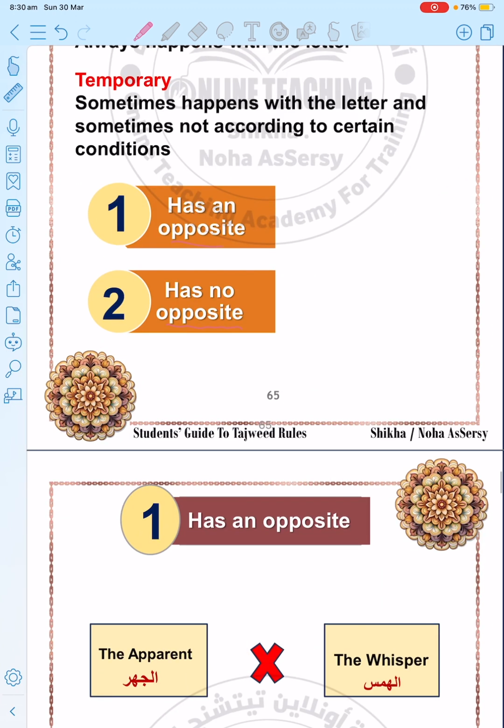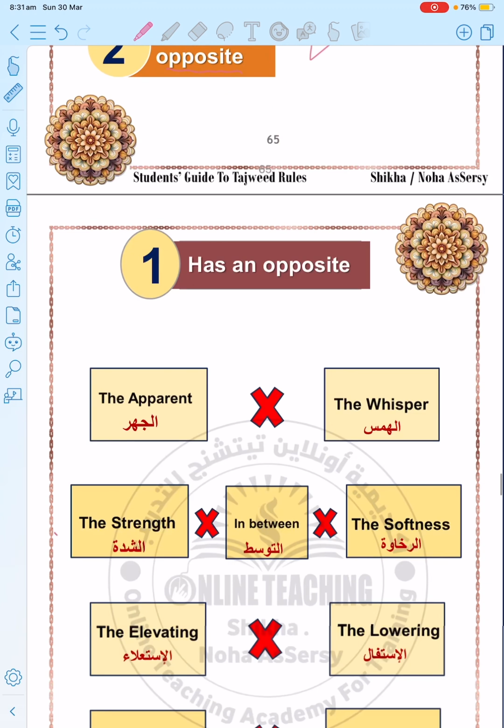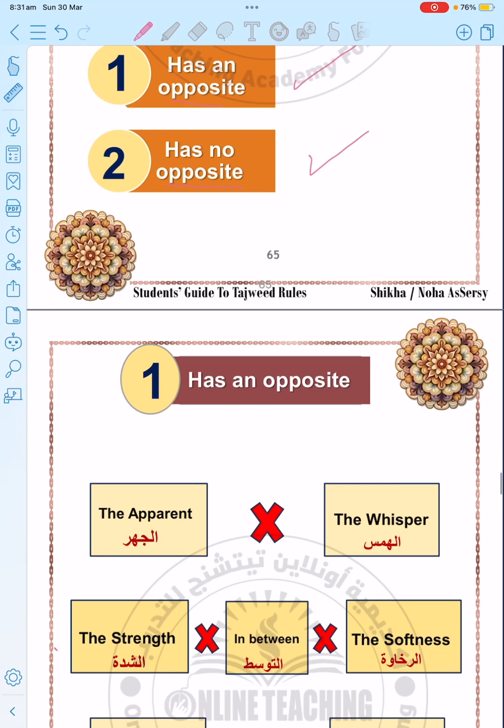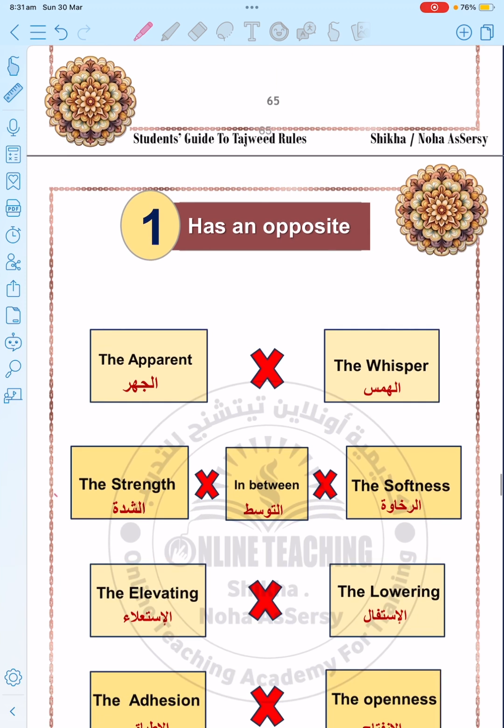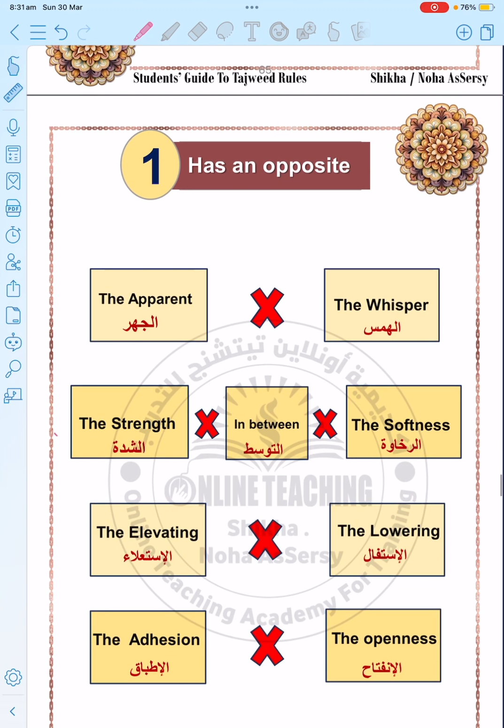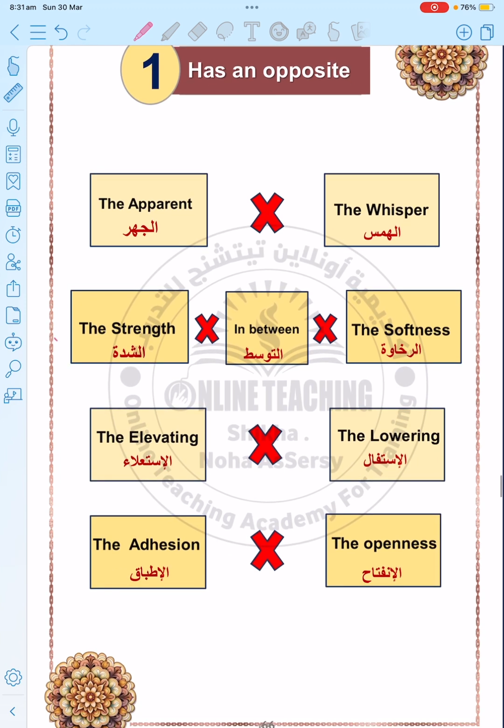Okay, so as we mentioned, we have characteristics that have an opposite and characteristics that have no opposite. Today, inshallah, let's take the characteristics that have an opposite. They are four different opposites. We have al-hams wal-jahr, the whisper and the apparent or audibility.